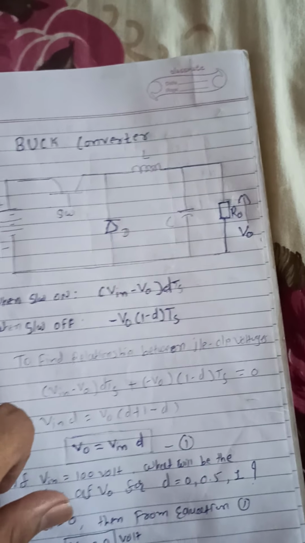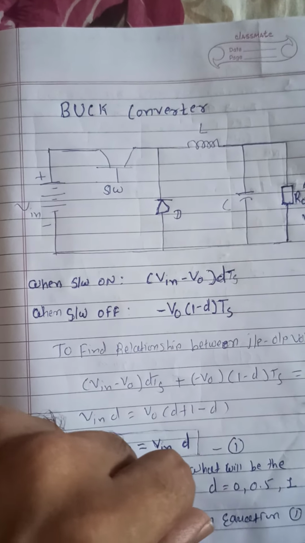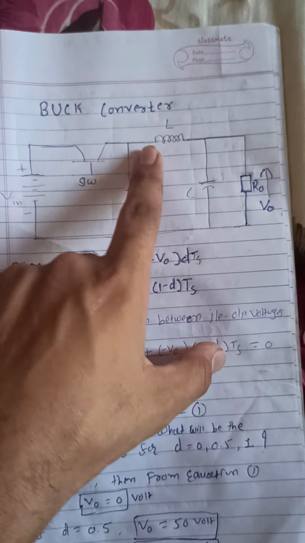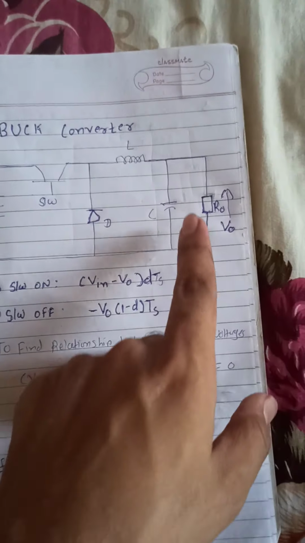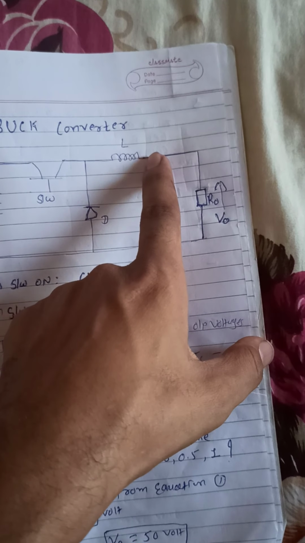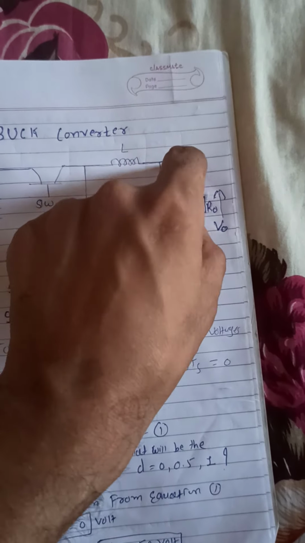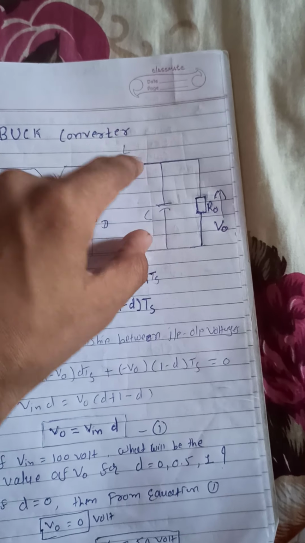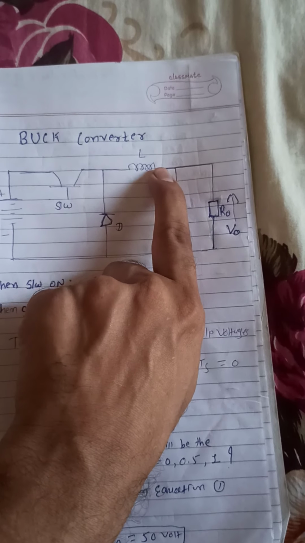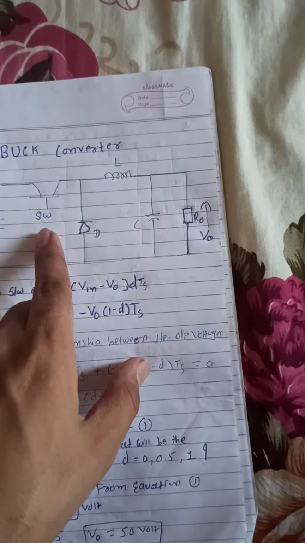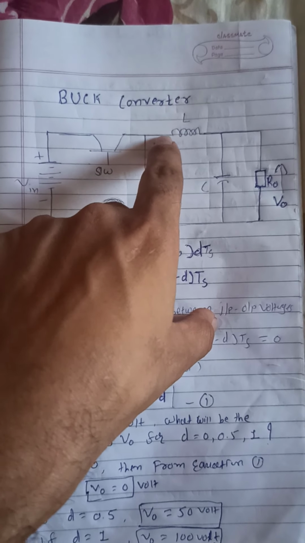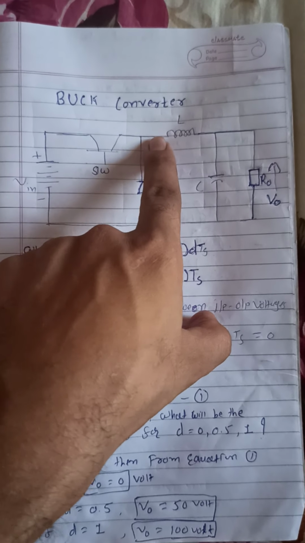Whenever the switch is on, voltage at the first terminal of the inductor is V in, and at the second terminal the voltage is V0.